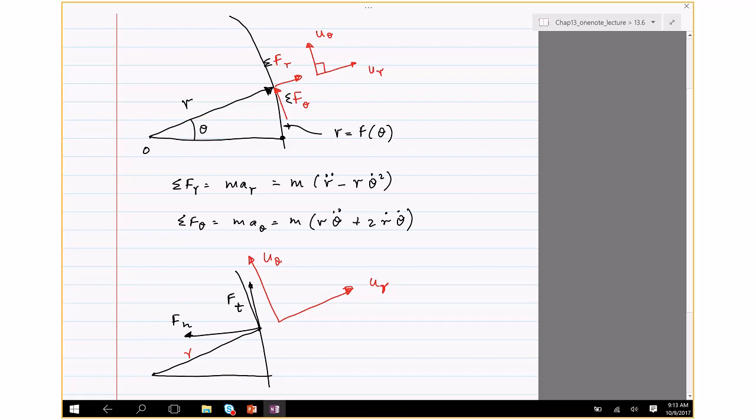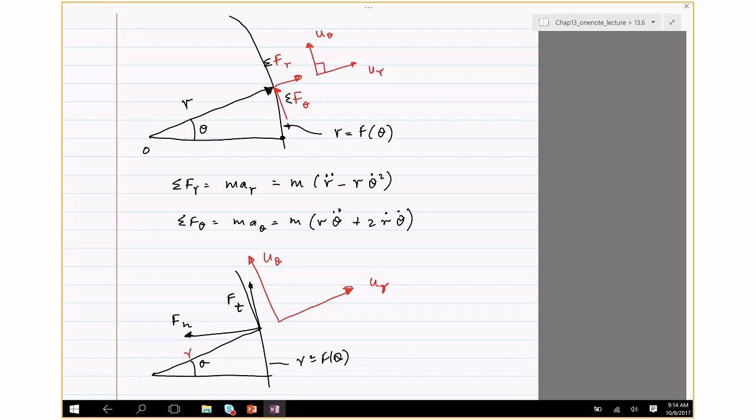Okay, so we've resolved forces in the t and n direction. However, we know the curve in the r theta frame. So we know r equals f of theta. So in this case, again, it's best to use equations of motion in r equals f theta using that frame, so a in cylindrical coordinates.